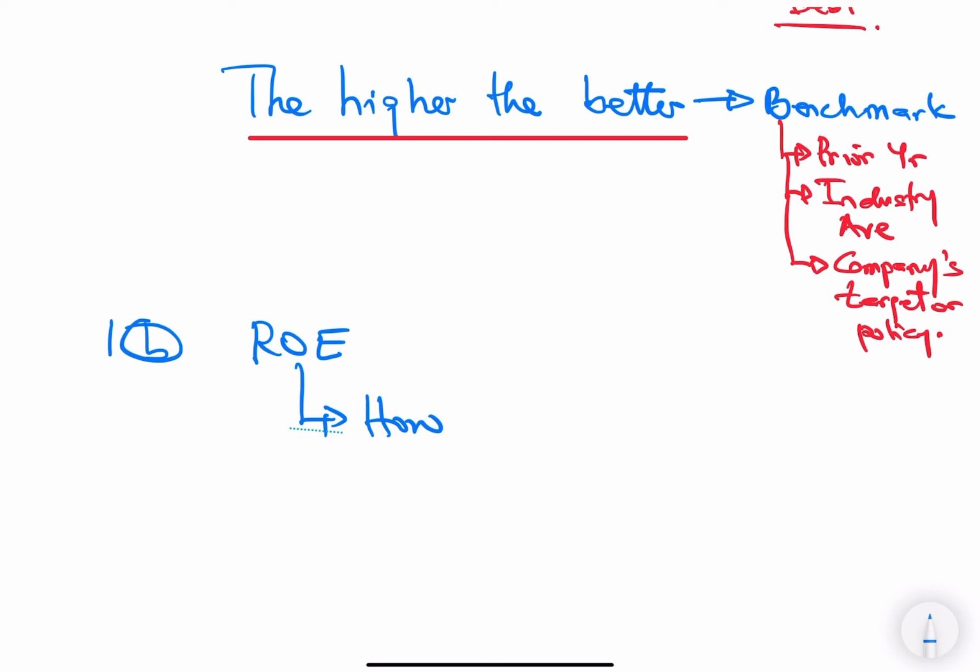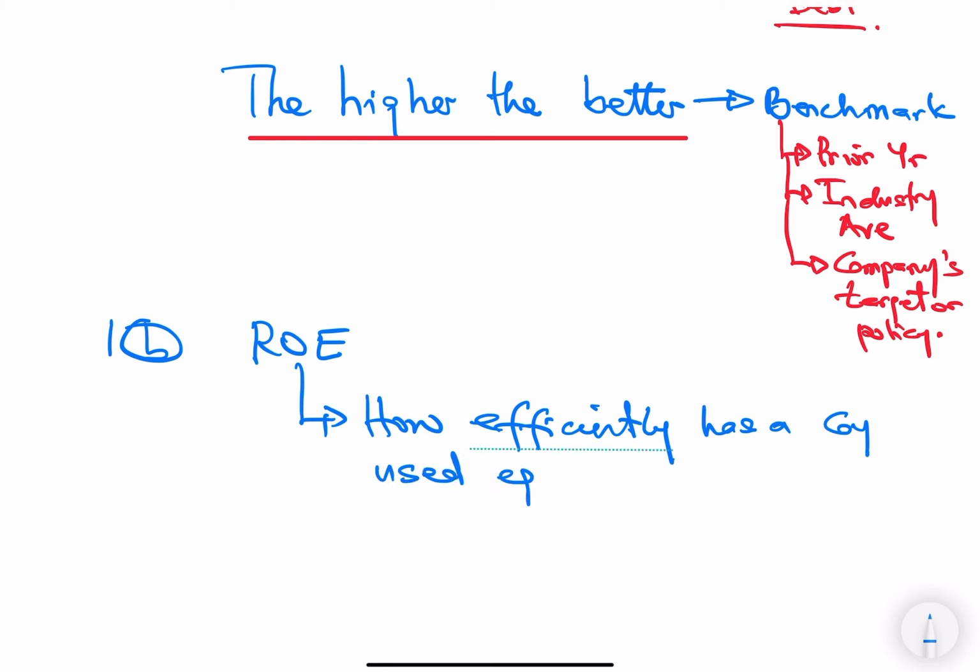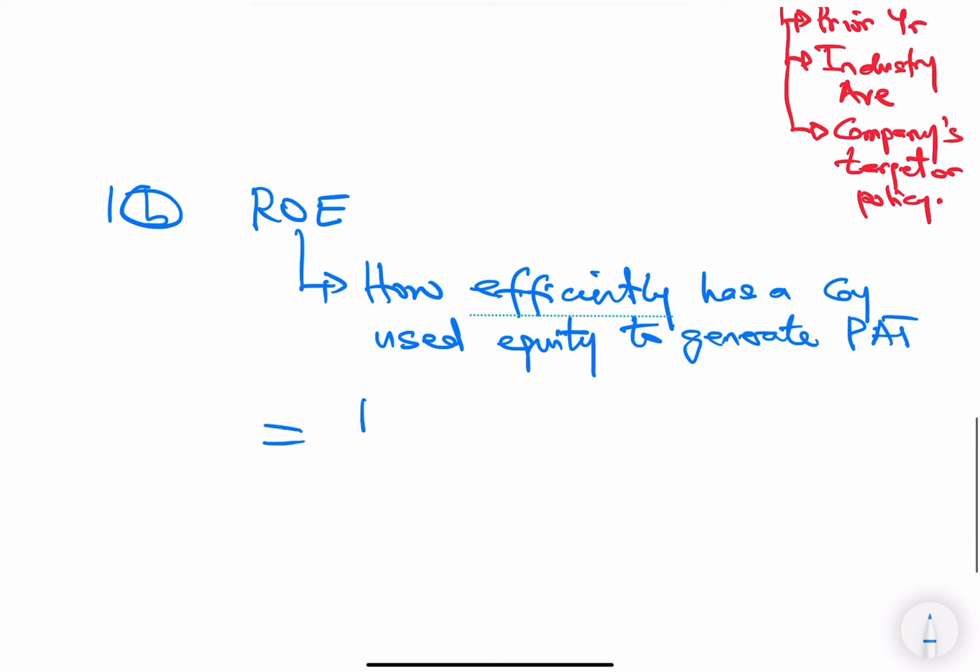So I'm saying how efficiently has a company used available equity to generate profit after tax. And that is why the formula is profit after tax over equity.